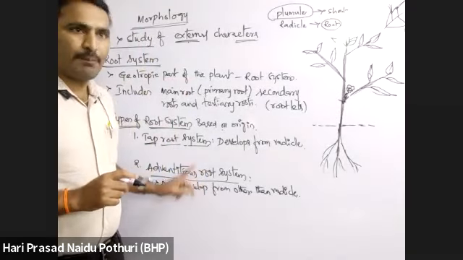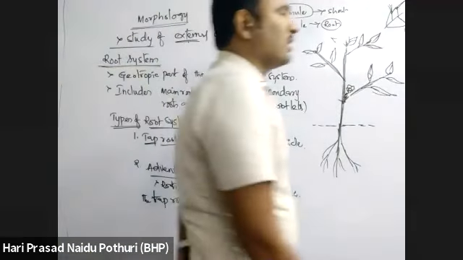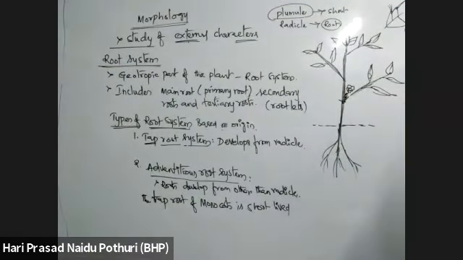But an important point regarding this: the taproots of monocots are short-lived. Once a monocot plant is developed from the roots, the taproot is short-living. Short-living means it cannot live for a long time. It is undergoing what? Degeneration.